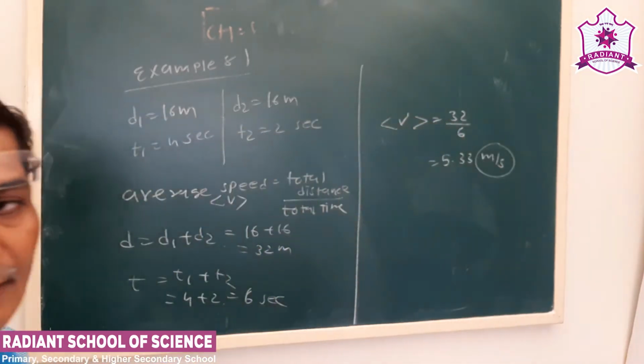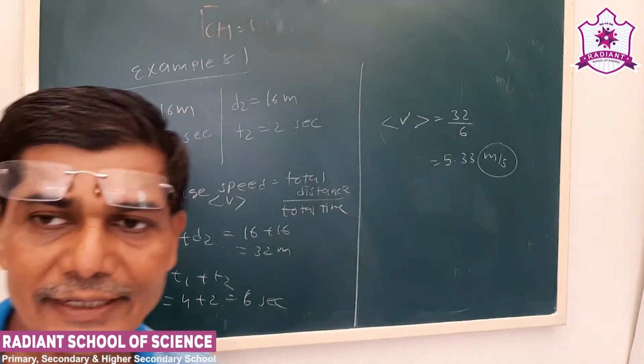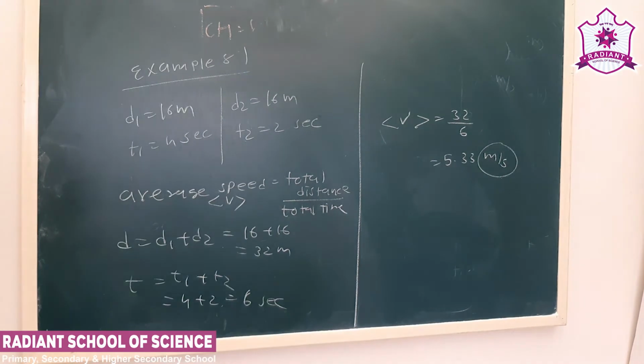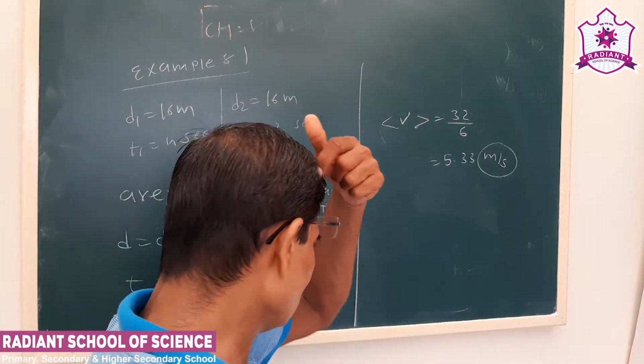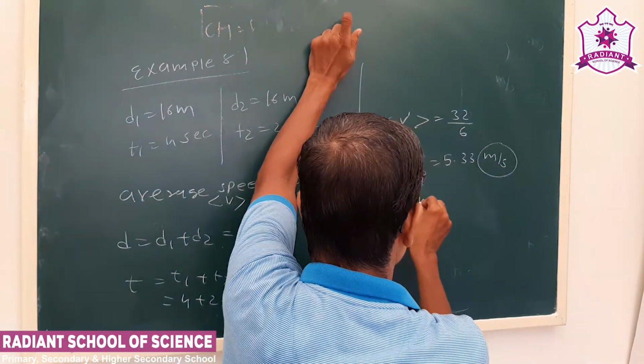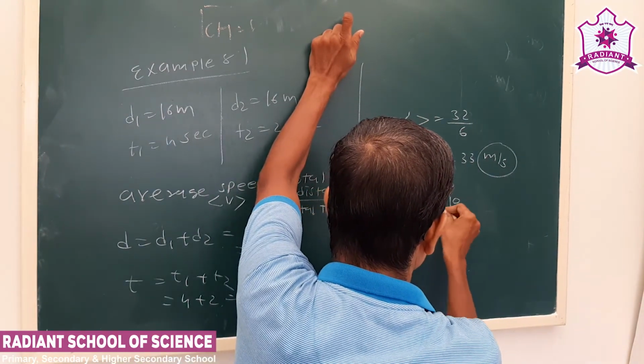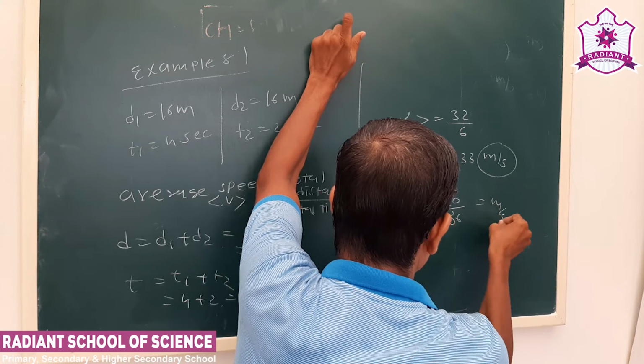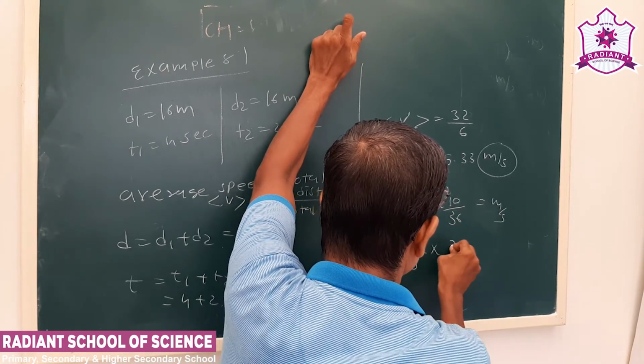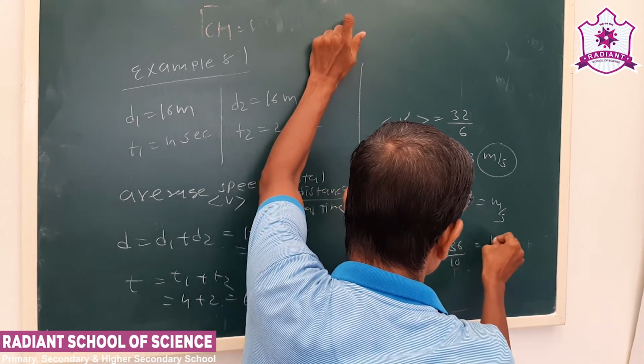Okay, now in the exam, you should take care. Sometimes they ask for the answer in kilometer per hour. In that case, as I have told you, kilometer per hour into 10 upon 36 is meter per second, and meter per second into 36 by 10 is kilometer per hour.